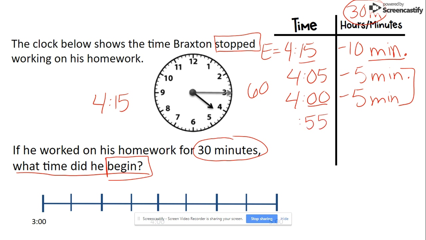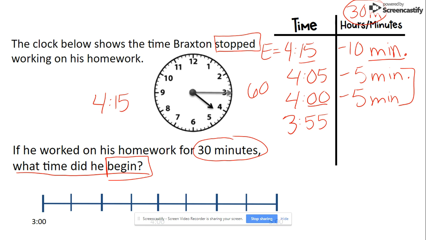And a lot of kids still want to write that 4 because in their minds they haven't changed that hour side, so they're just going to keep writing that 4, but they're working backwards. So at 4 o'clock, if you subtract 5 minutes, you're not going to go to 4:55. So my hour is going to change and get smaller, so it should be 3:55.